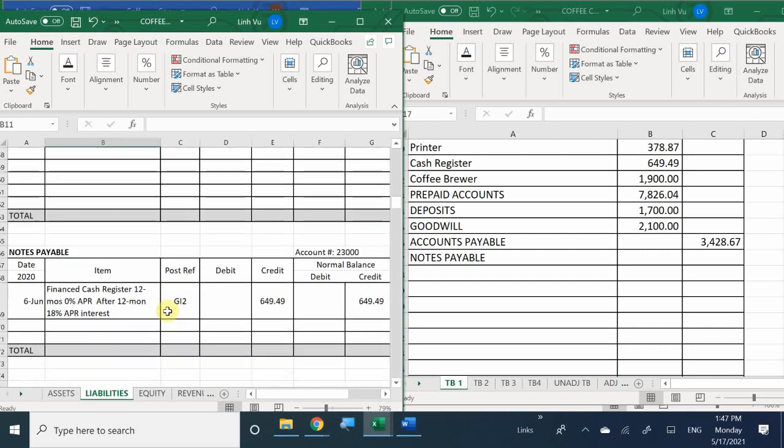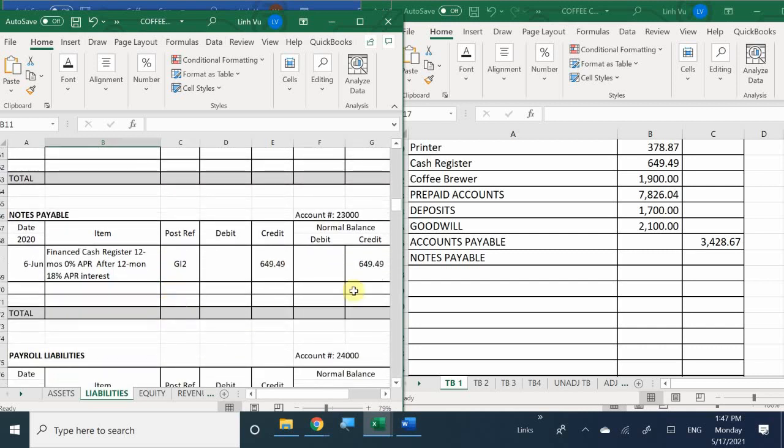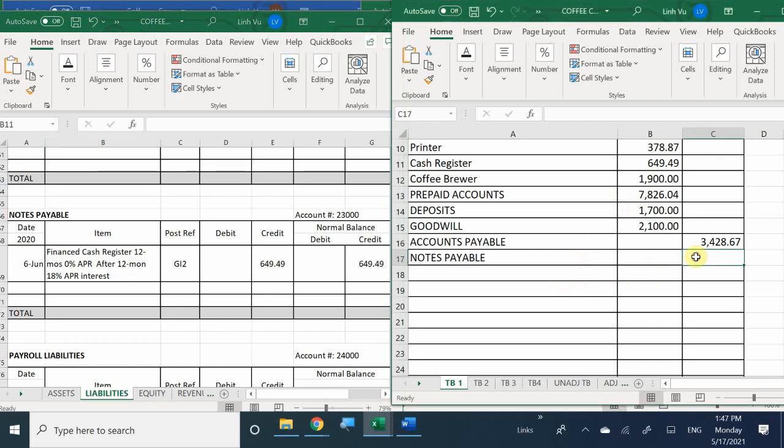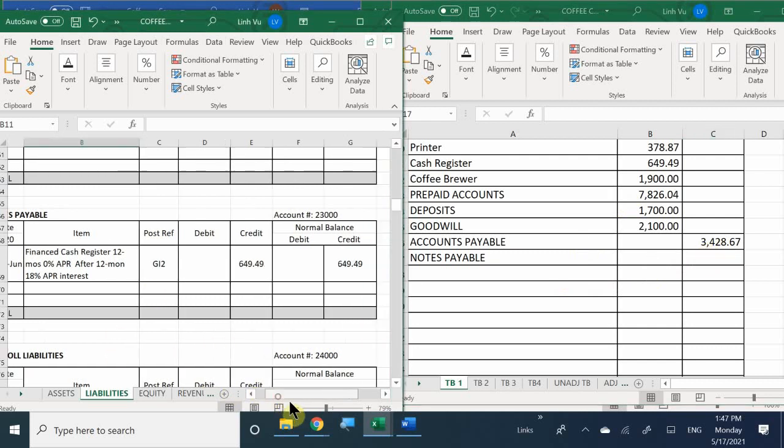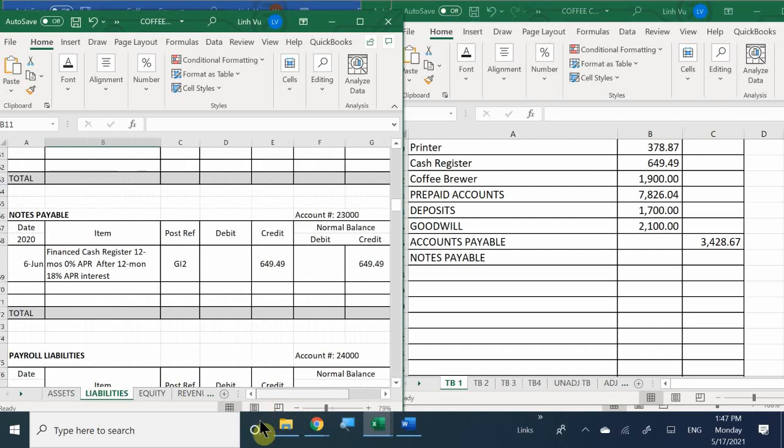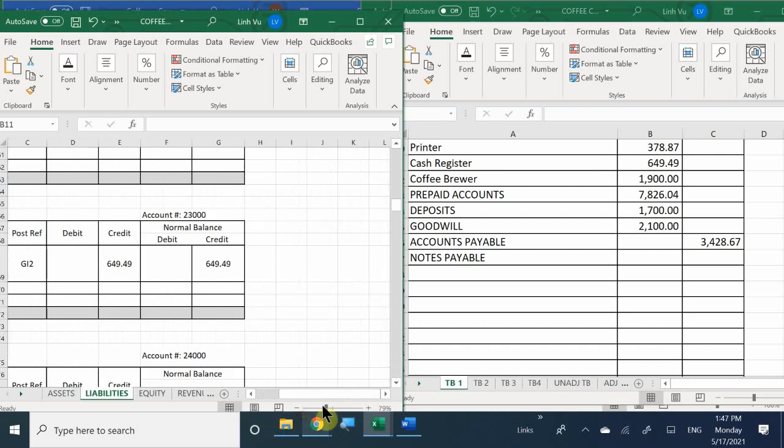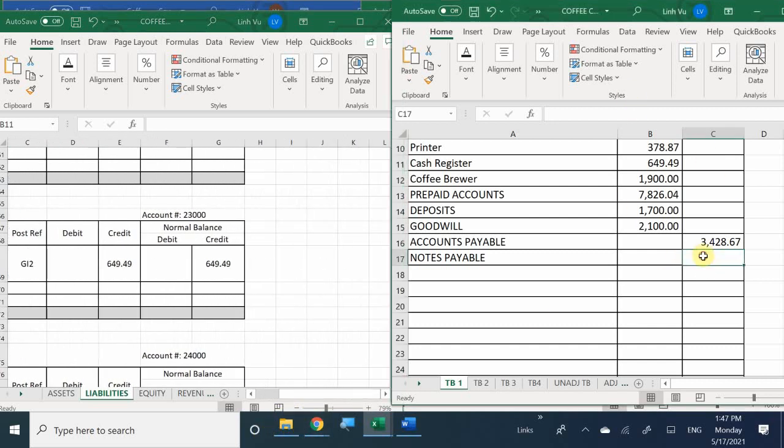So we haven't used it yet. However, we do have a notes payable. And how much is my notes payable right now? 649.49 in credits. Good.